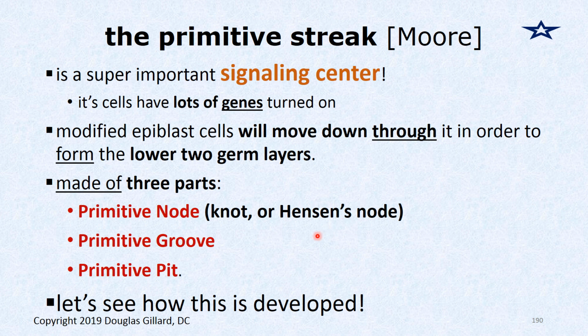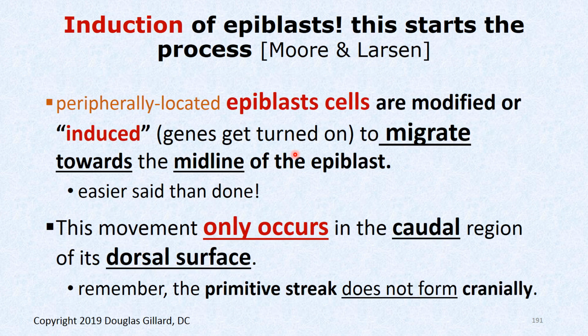Okay, let's see how the primitive streak is built. There's a word that's used, induction of the epiblasts. This is the start of the process. Induction means a kind of transformation. Different genes are turned on to induce something. The story starts with the epiblast cells, specifically the ones located caudally and peripherally.